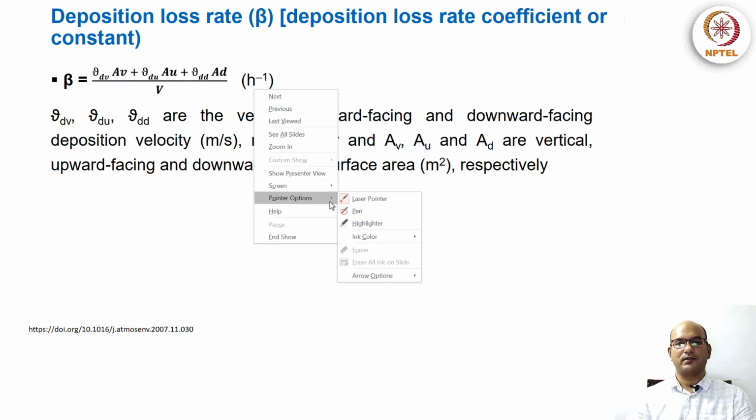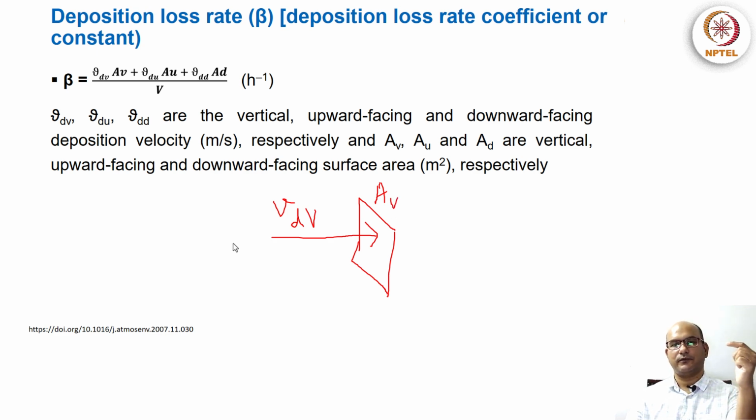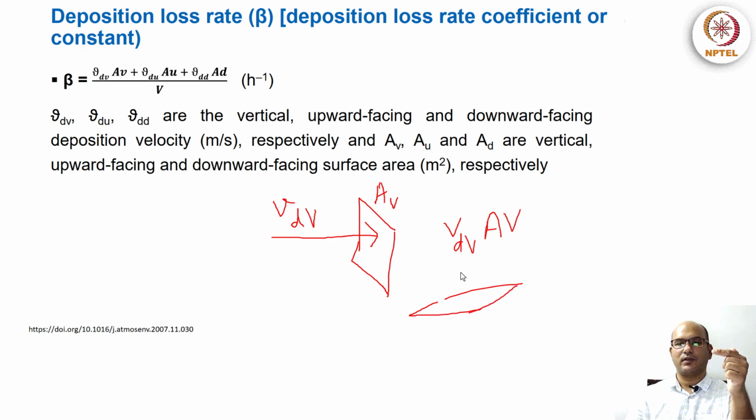We can again do this derivation. So if we have the vertical surface area, I am just going to draw one side, and this is my vertical velocity and AV. So the actual flow is VdV times AV. Now this is my upward facing surface area, and this is my corresponding deposition velocity.